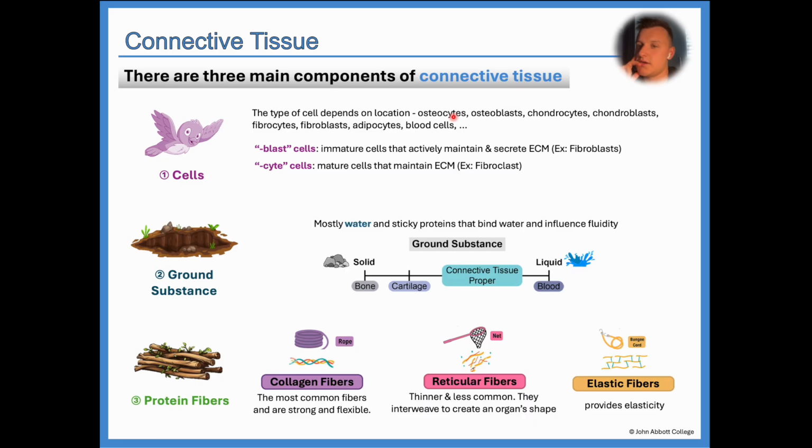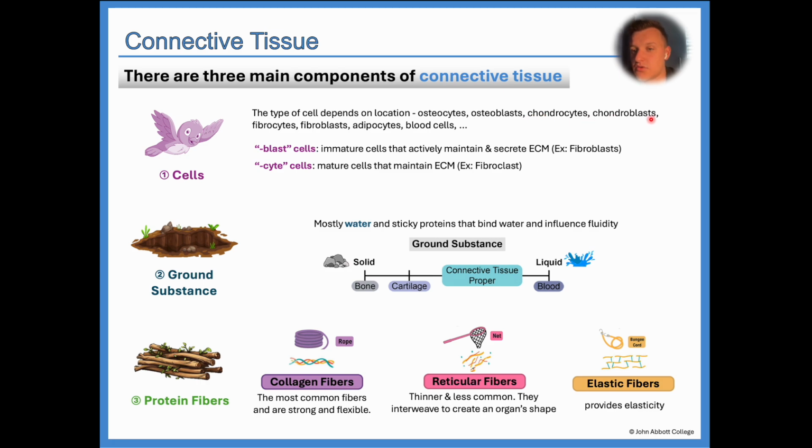I don't know if it's Greek or some other root, but cytes means cells. So osteocytes are bone cells. Osteo, like osteopath or osteon, all of these refer to bones. Os in French means bone. So osteocytes and osteoblasts are bone cells.